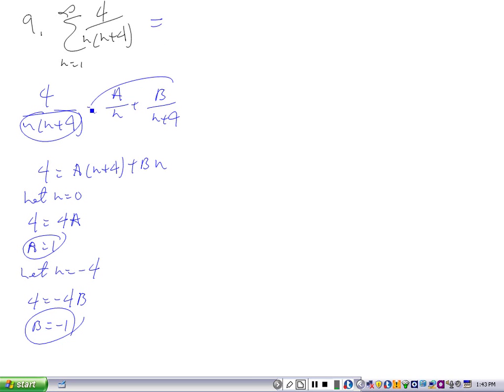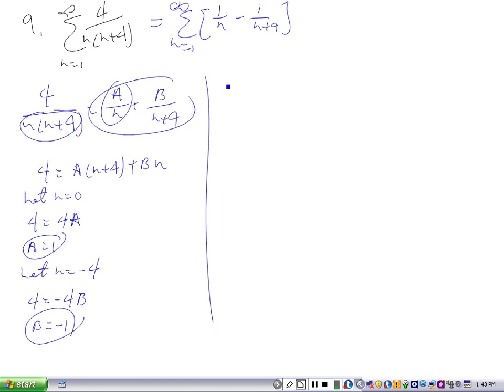So you come up here, based on this, is the summation as n goes from 1 to infinity of a over n, where the a is the 1 over n, plus b, which is negative 1 over n plus 4.